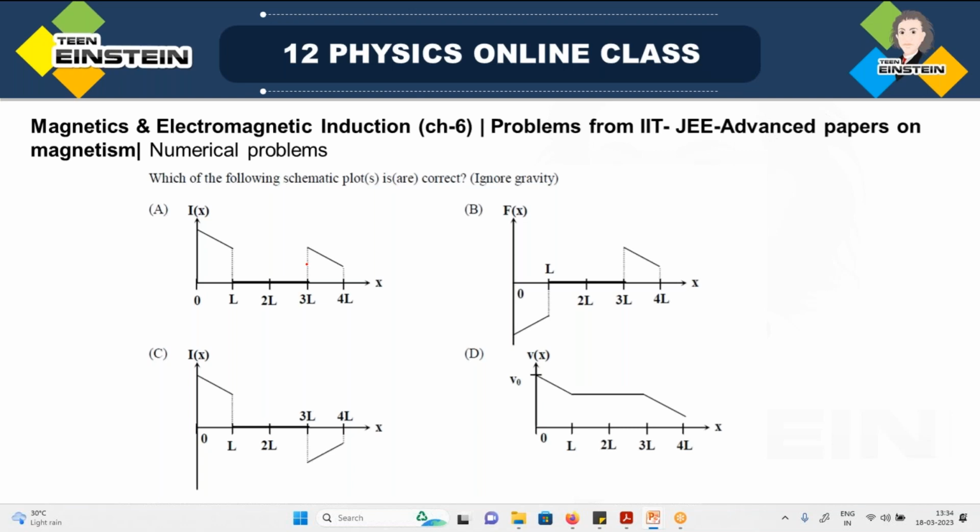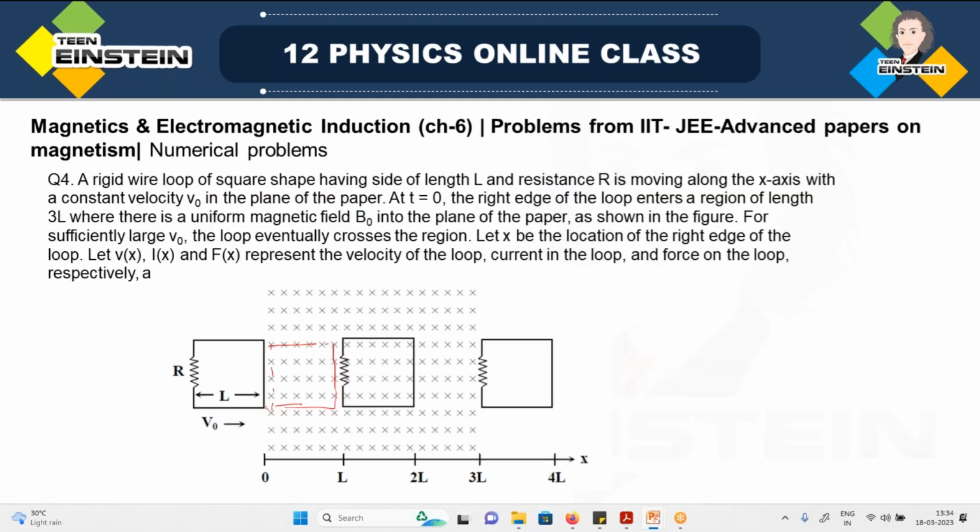so when it is 3L to 4L, in this region what happens? In this region again, see, when it is just going out of this region, like when it goes from 3L to 4L, just when it is going out there will be maximum flux change.